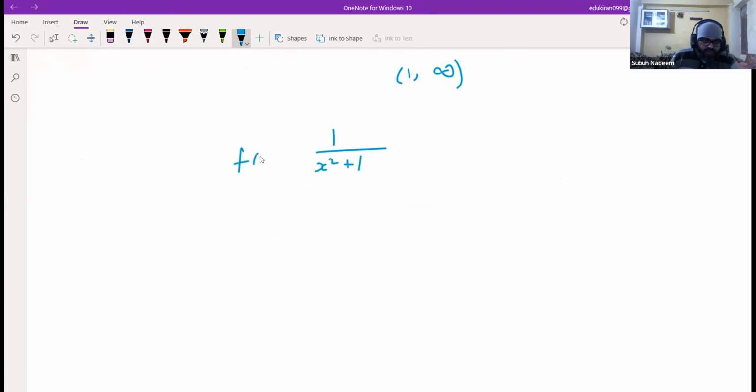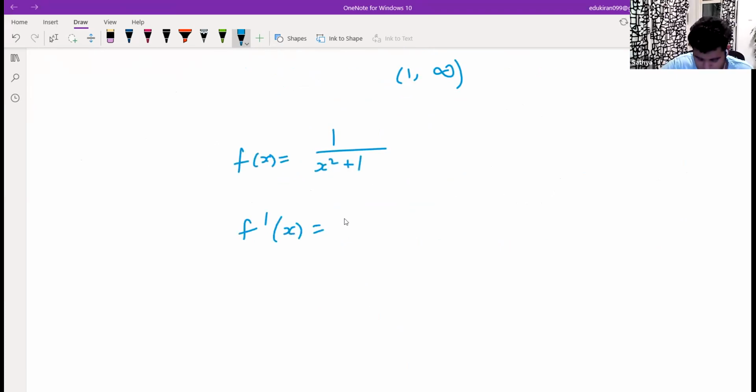What is the first derivative? The first derivative I got as x squared plus 1 minus 2x. You are getting x squared plus 1 where, in the numerator? No. How will it be x squared plus 1 in the numerator?